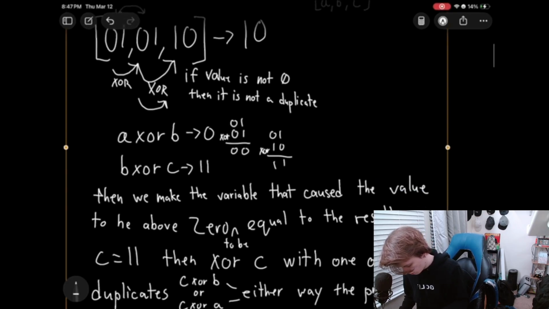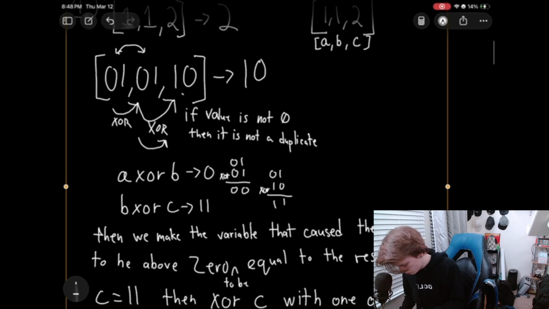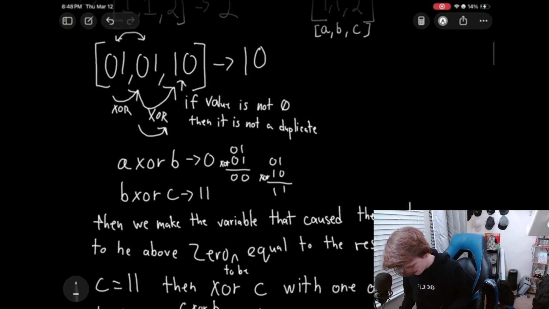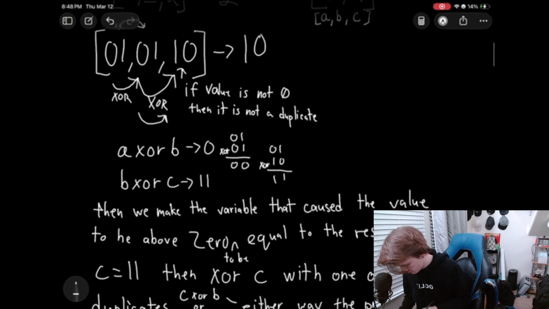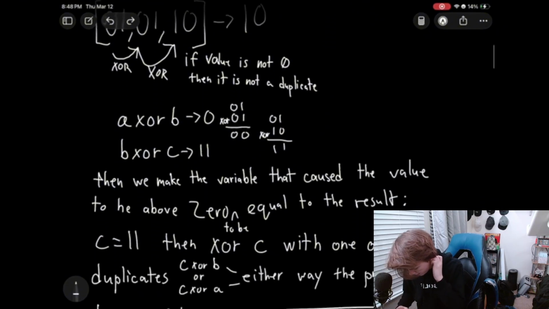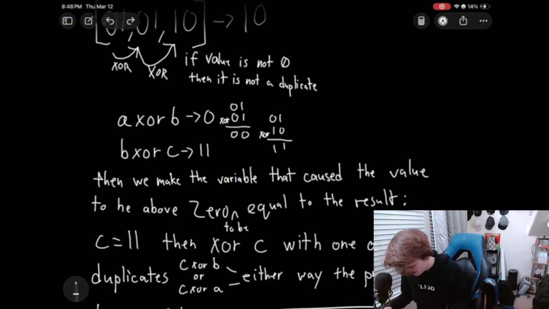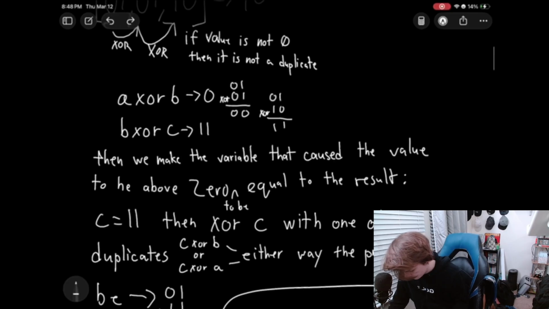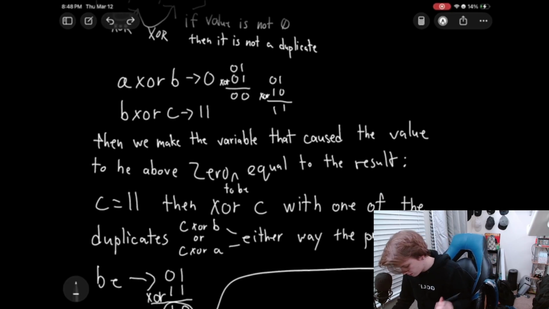We got 0 XOR 2, just because we're proceeding from this XOR to this XOR, and we're on this XOR now. And then that gave us 2. And I was like, okay, then we make the variable that caused the value to be above 0 equal to the result.